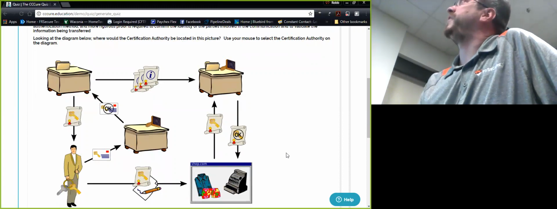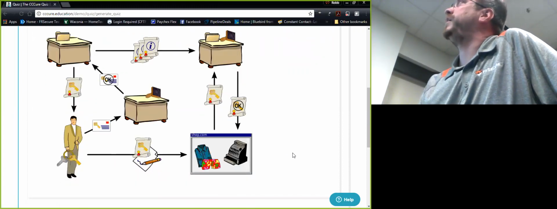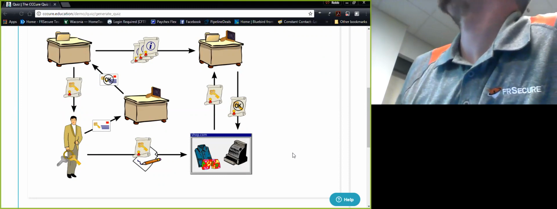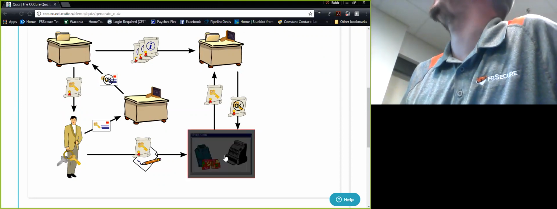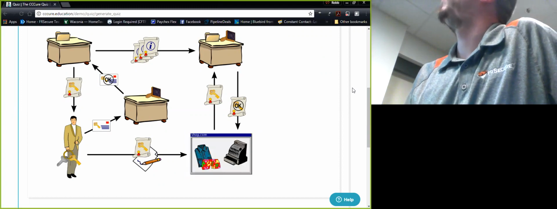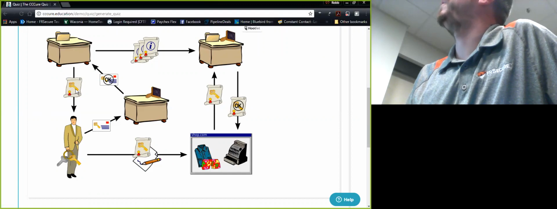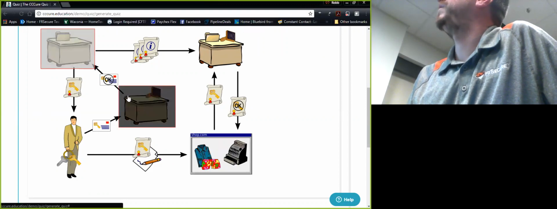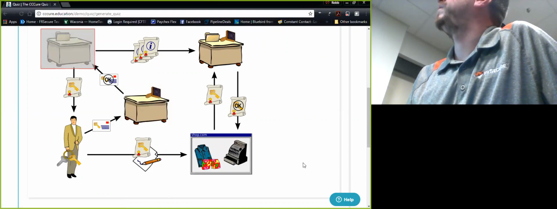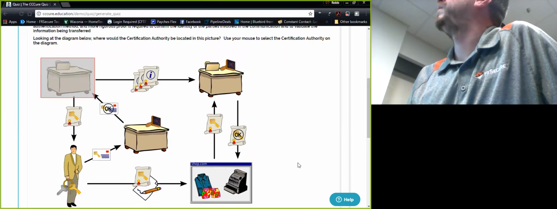Where would the certificate authority be located? That looks like that person's got the keys. You want the top left? Yeah, because this is handing out the key, and this is verifying with it that it's the key. What's the top right then?